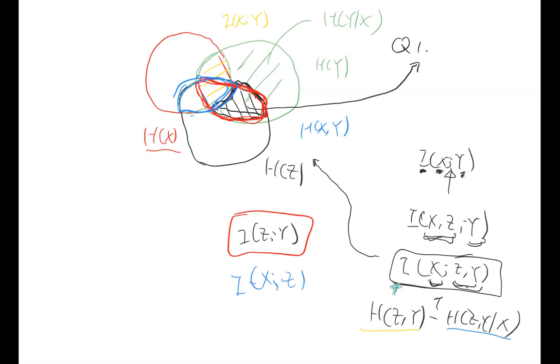Instead you want to subtract this guy here, and this guy is usually not defined. At least the standard textbooks typically don't define that. Some textbooks define this I(X;Y;Z), but it's not unanimously used among everyone.